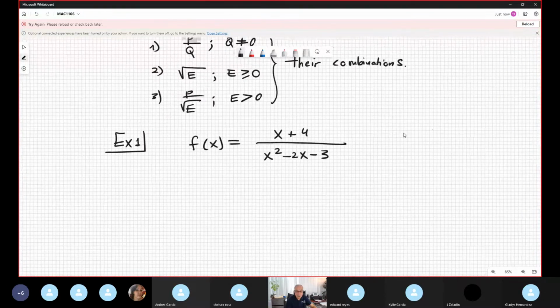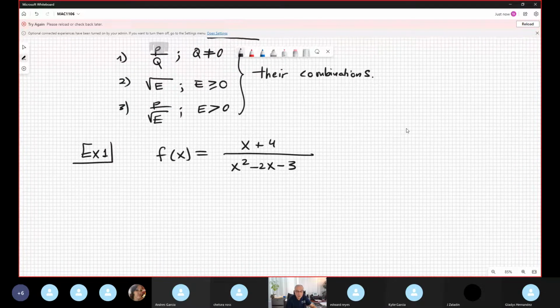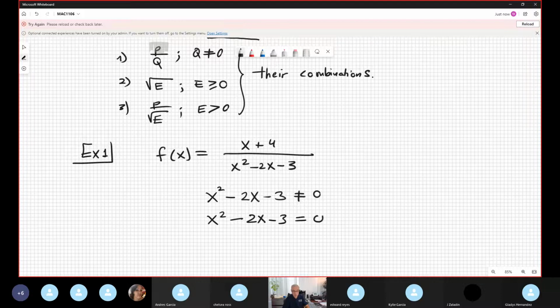So the supposition is all real numbers, but I need to investigate when the expression in the denominator, x squared minus 2x minus 3, is non-zero. It's a restriction. Now, to investigate this, in my opinion, it's easy to convert this inequality to an equation because I am familiar with the solution for the quadratic equation.